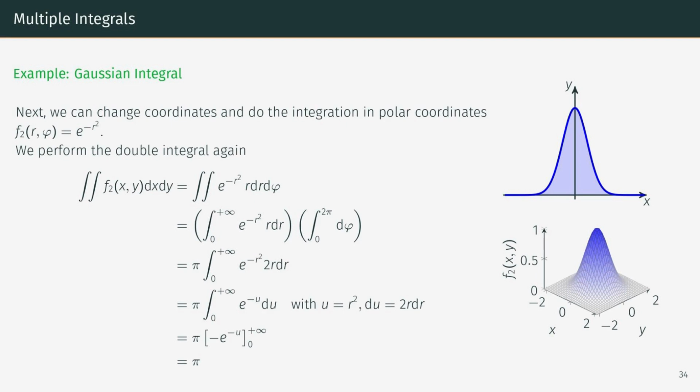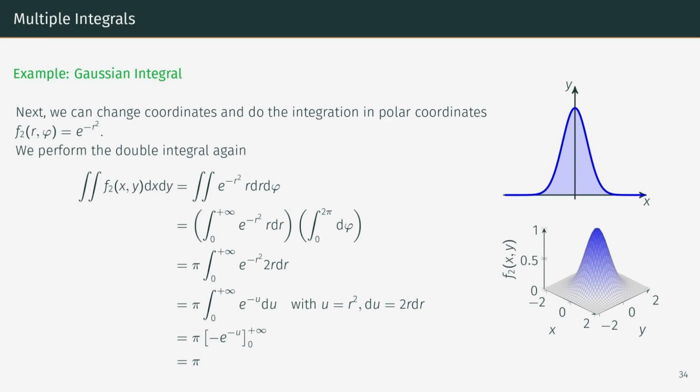Next, we can change coordinates and do the integration in polar coordinates. So, f2 of r, phi equals e to the negative r squared power. We then perform the double integral again. The double integral of f2 of x, y dx dy equals the double integral of e to the negative r squared r dr d phi.